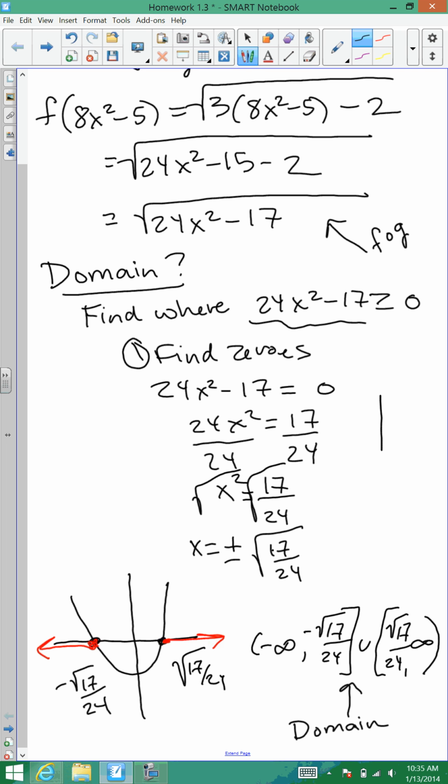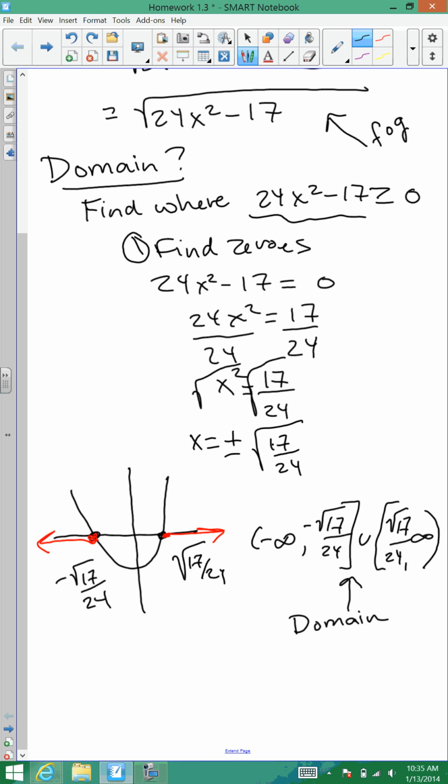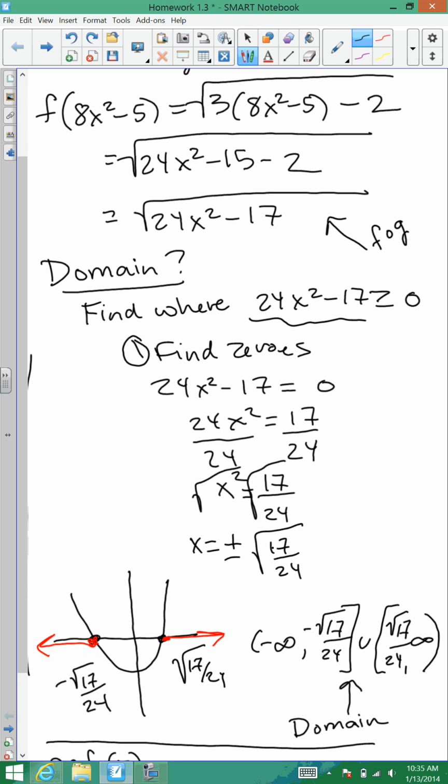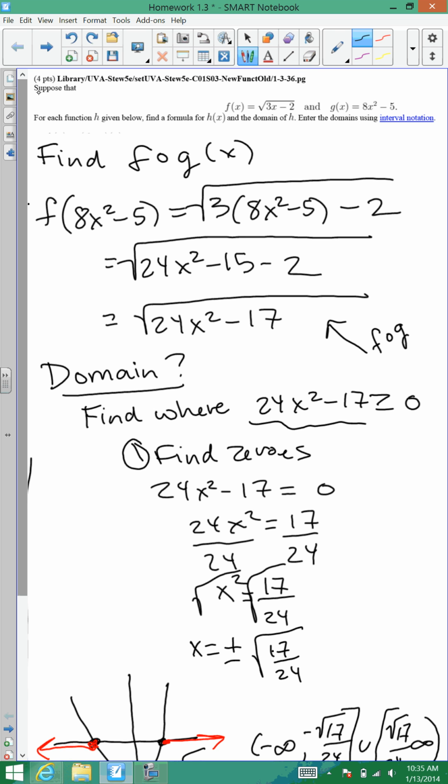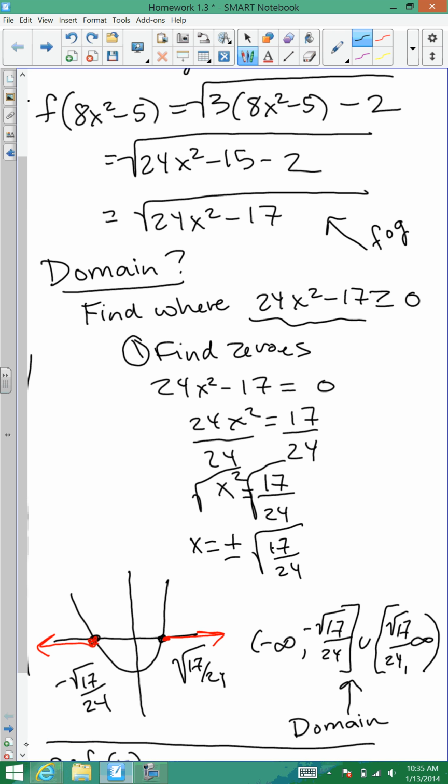Right, so that was the first part. The second part wanted us to find g of f. So we're going to try and do that one too. Now if we want to find g of f of x, that means we need to find g of, and let's remember what f of x was here at the top, root 3x minus 2.